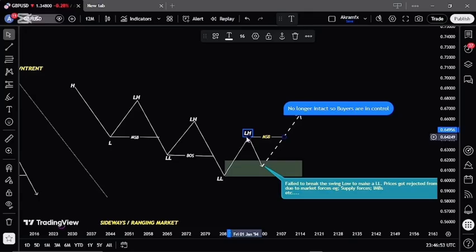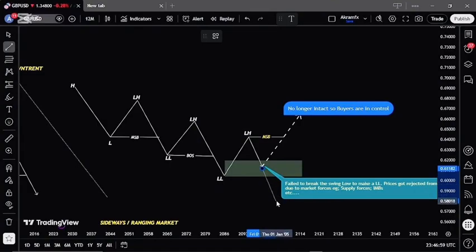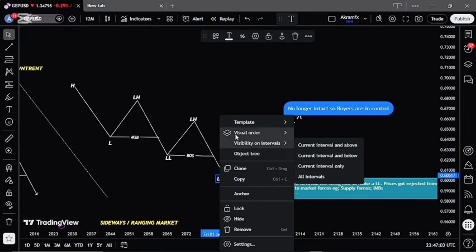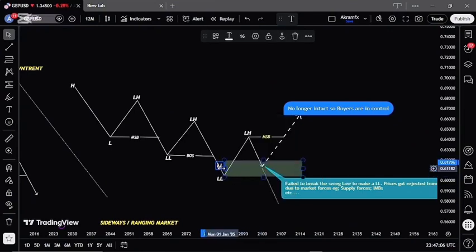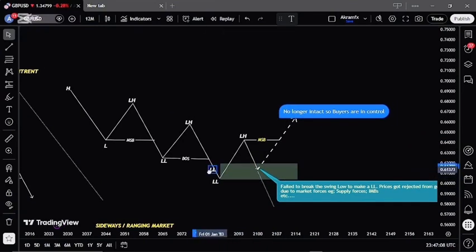So in coming back, we expected these prices to break and form another lower low there, but eventually it never happened. So what happened next?